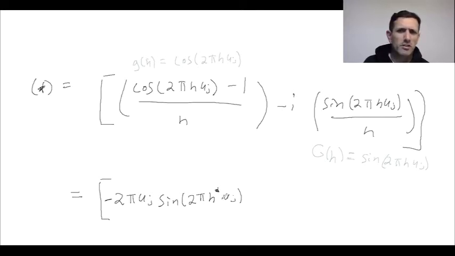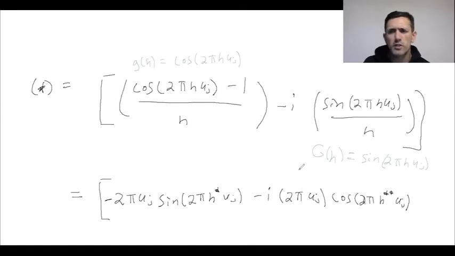I mean, this has modulus 1, so it doesn't matter. And it's going to be minus i 2 pi uj cosine 2 pi h star star uj for h star star between 0 and h here.